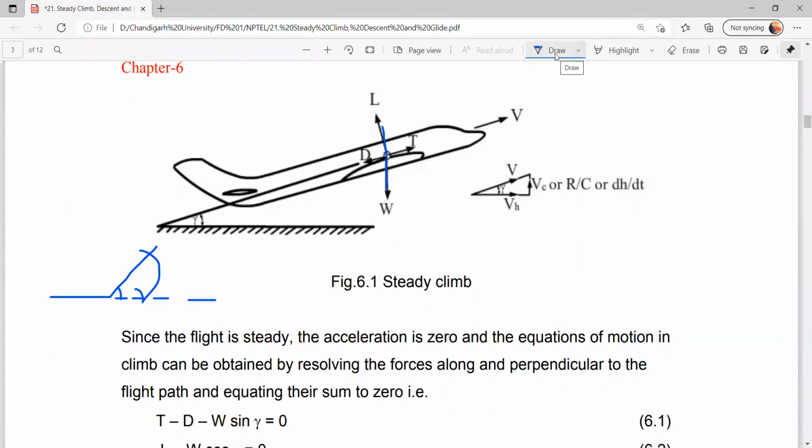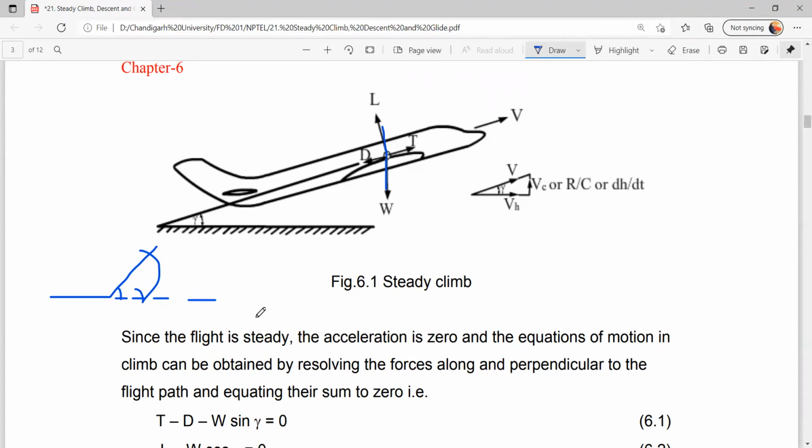I'm just giving the cruise level examples. Each and every phase will have different thrust and different power. Takeoff thrust will be different, climb thrust will be different, cruise thrust will be different, descent thrust will be different, and landing thrust will be different. Okay. So these things you need to keep in mind.